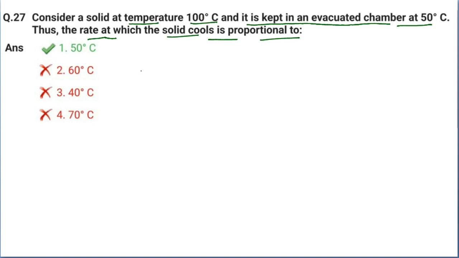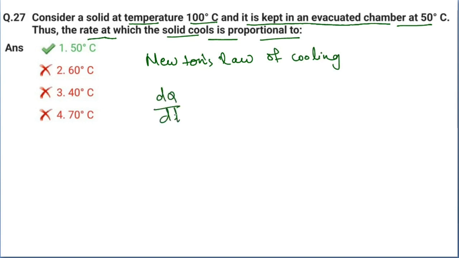Here we will use Newton's law of cooling. According to that, dQ by dt is directly proportional to T minus T naught.